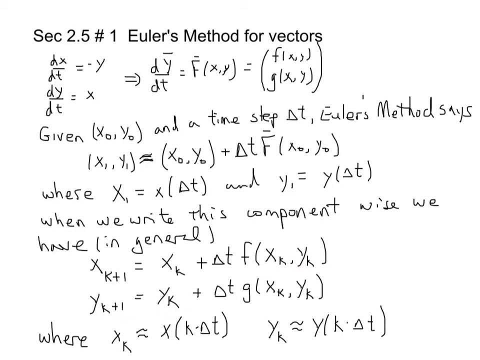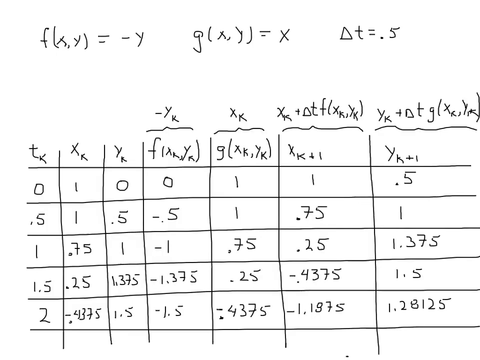Similarly for y, and again x sub k means that we're approximating where the function x is after taking k time steps of size delta t. Okay, so I'm going to go to the next slide and actually show you the numbers for this specific example.